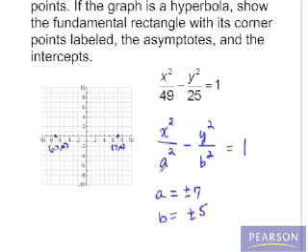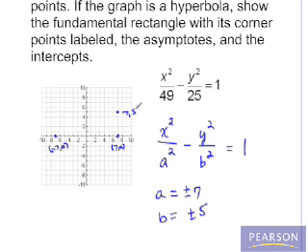Now, to determine the fundamental rectangle, we simply form all 4 of these corner points using our plus and minus a values. So let's label the points positive 7, positive 5.